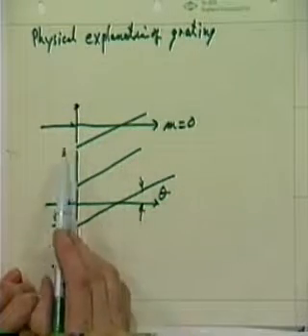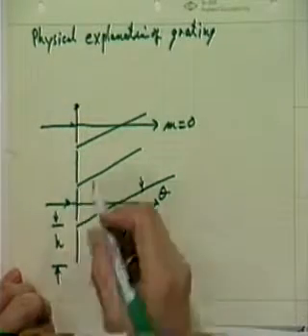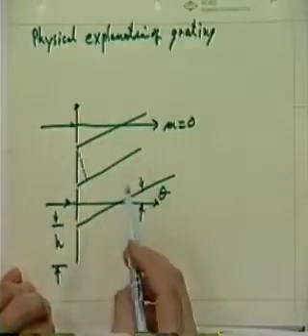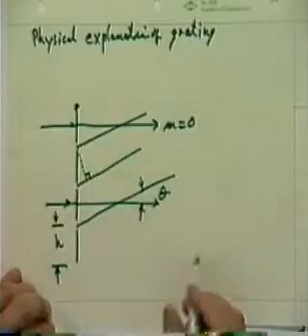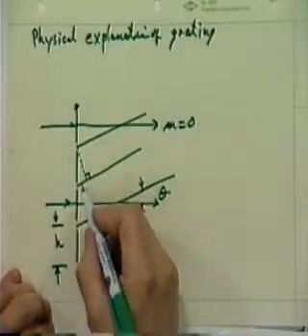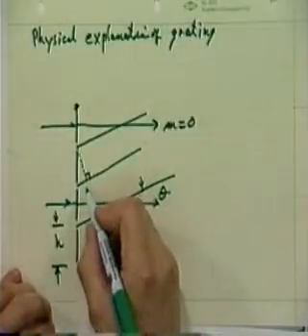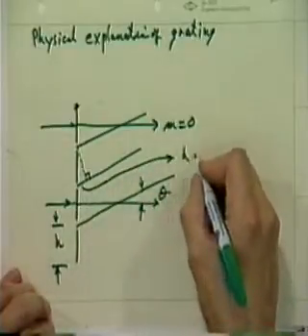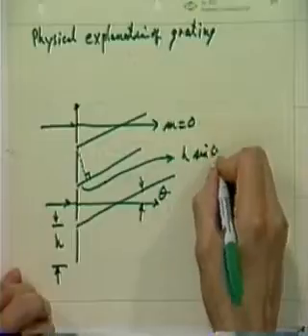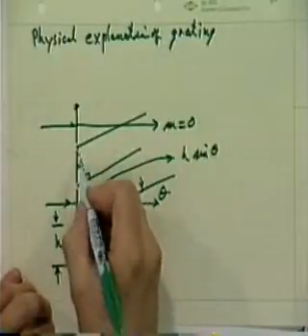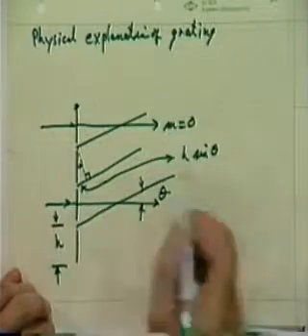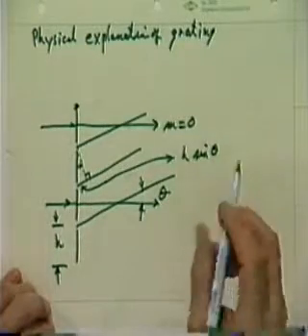And if I look at the light going through 2 adjacent little openings here, and I draw a normal to the beam leaving here, this path difference is h sine theta. So this angle is theta, so this angle right here is also theta. So that's h sine theta.